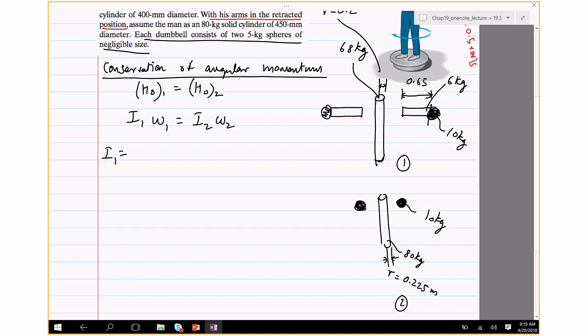Well, 5 really: 1, 2, 3, 4, 5. But I'll find inertia for this, this, and this, and inertia for those two is just twice that of the 2 arms. So it's going to be I body plus I arms plus I dumbbells.